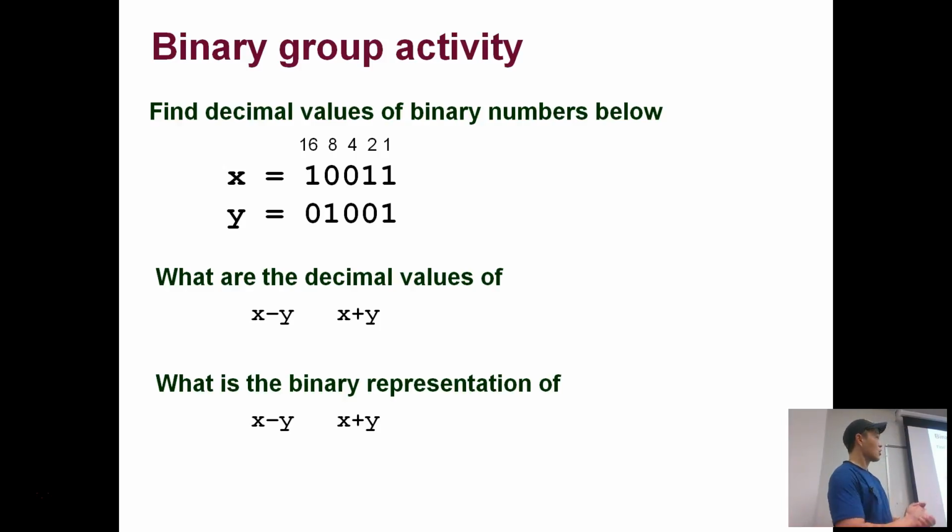Okay. So your first activity, given what we just covered: find the decimal values of the binary numbers below, these two, x and y, and then find the decimal values of their difference and their sum, and then convert that back into binary representations. I'll give you 5 minutes, or however long you need, to do this exercise.